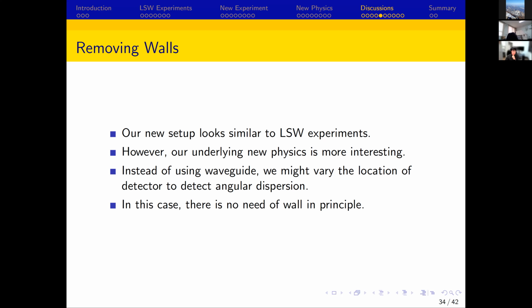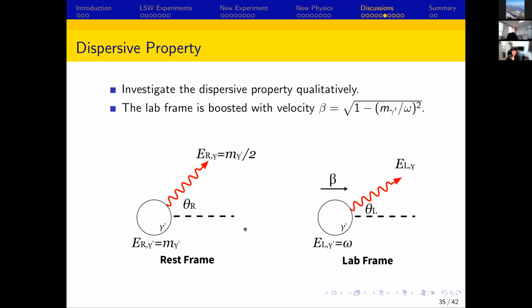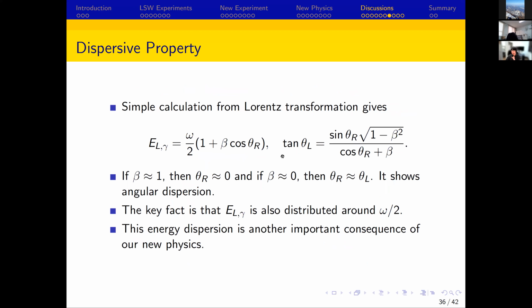And I want to discuss the dispersive property of our scenario in detail. Okay, since the energy of the dark photon in the rest frame is the same as the laser frequency, the rest frame is boosted with velocity beta with respect to the lab frame, and beta is given like this. Then the energy of the subfrequency photon and the polar angle are given like this.